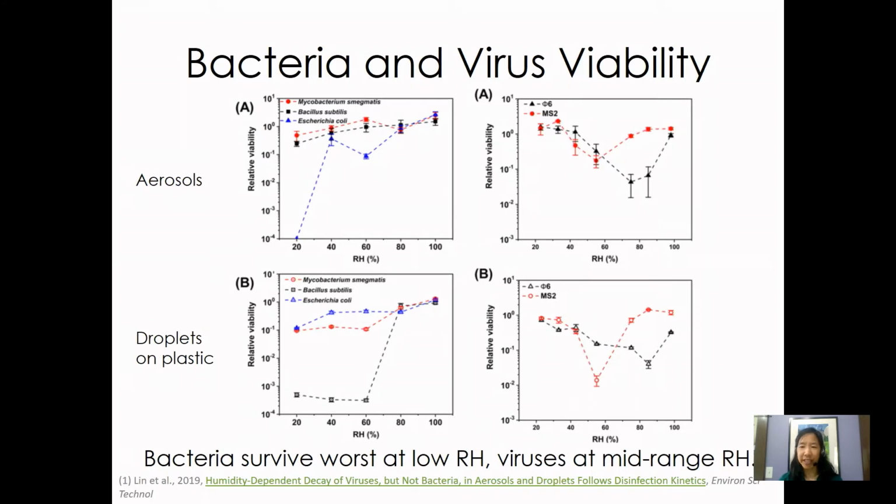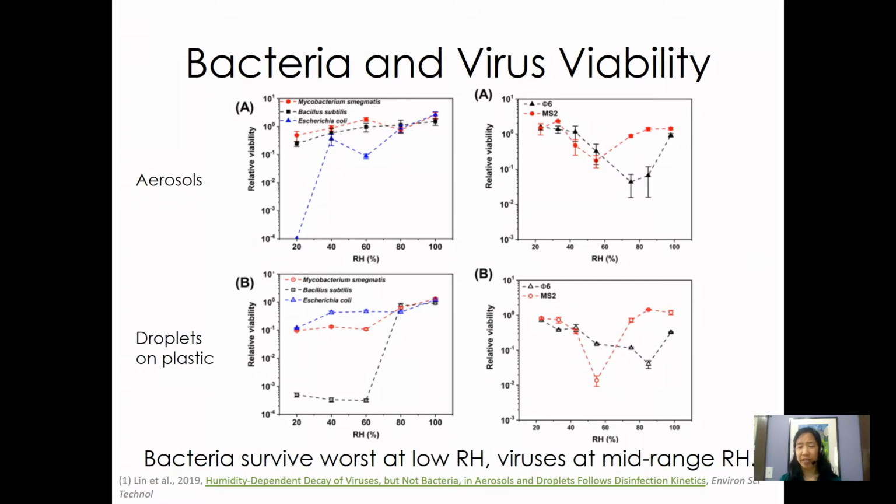It's not surprising. Bacteria need their water, and if they don't have it, they're not going to survive. So there's maybe a factor of 10, this is a log scale difference, at least for the bacteria shown in red and black, the Mycobacterium, which is a surrogate for the tuberculosis bacteria, and also for Bacillus. E. coli really doesn't do well when it's dry.